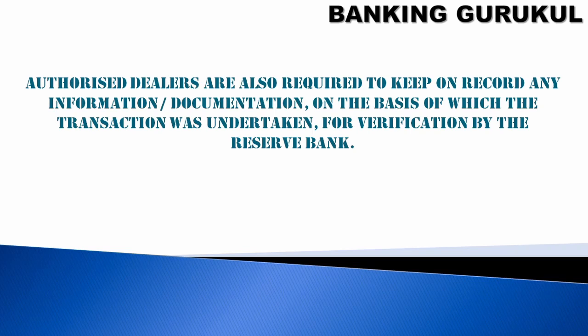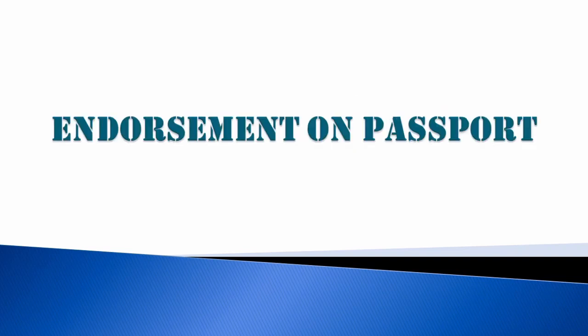For example, if you are going on a foreign trip, the tourist visa. If you are going on a business trip, a business visa copy. If you are going for medical treatment, the related documents. Authorized dealers should take these from the buyer and keep them for verification whenever an audit happens from the Reserve Bank of India.